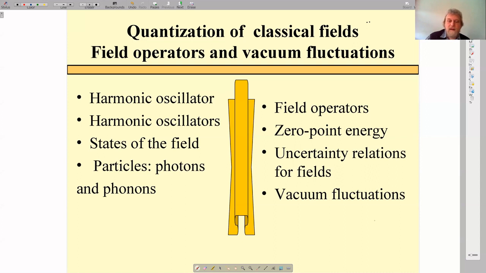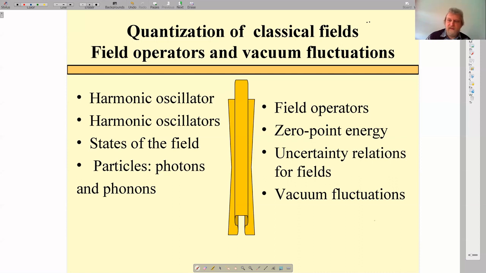And today we will quantize the classical fields we have studied in the previous lecture. As far as you remember, we've been talking about fields in general. Electromagnetic field was a particular example.